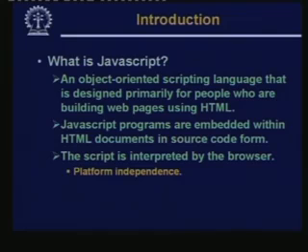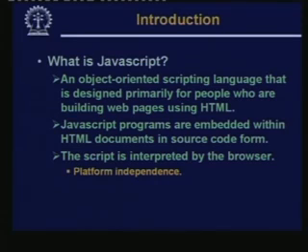Now, first let us see what this language JavaScript basically is. JavaScript is essentially a scripting language, in the sense that we can write small code snippets in this language which will be executed as part of a bigger HTML document.